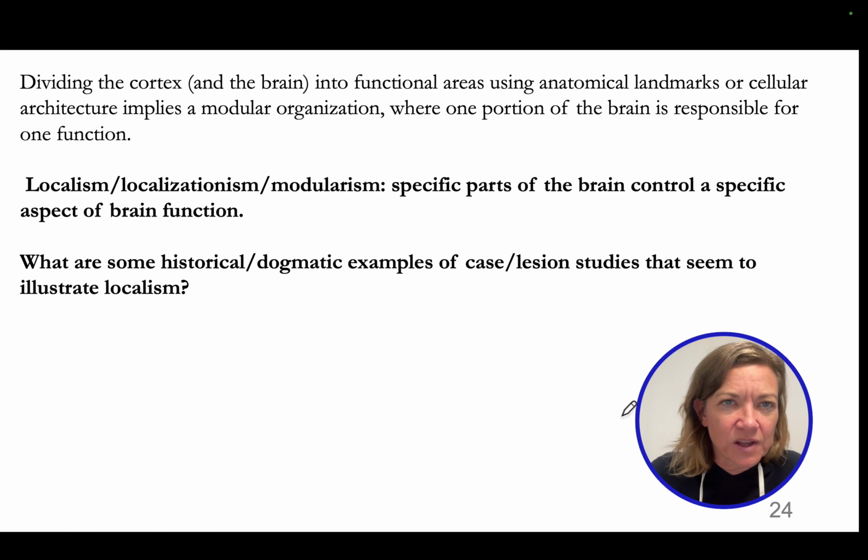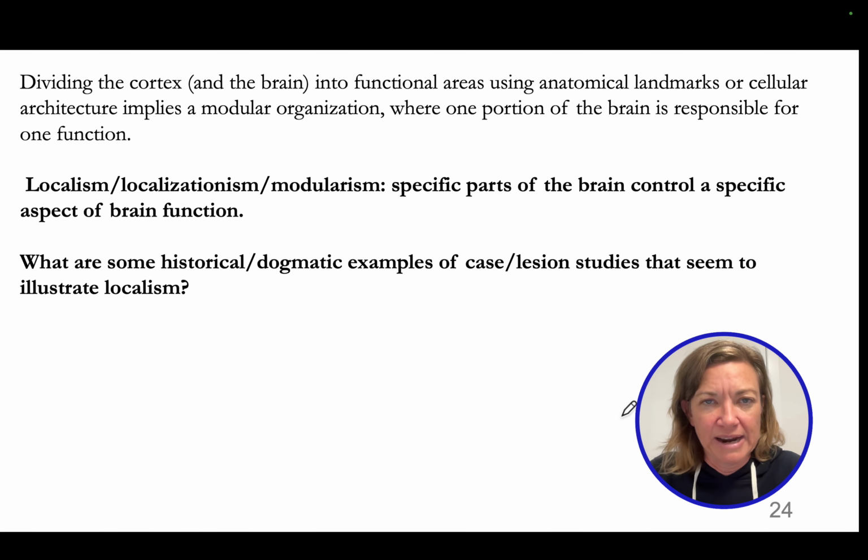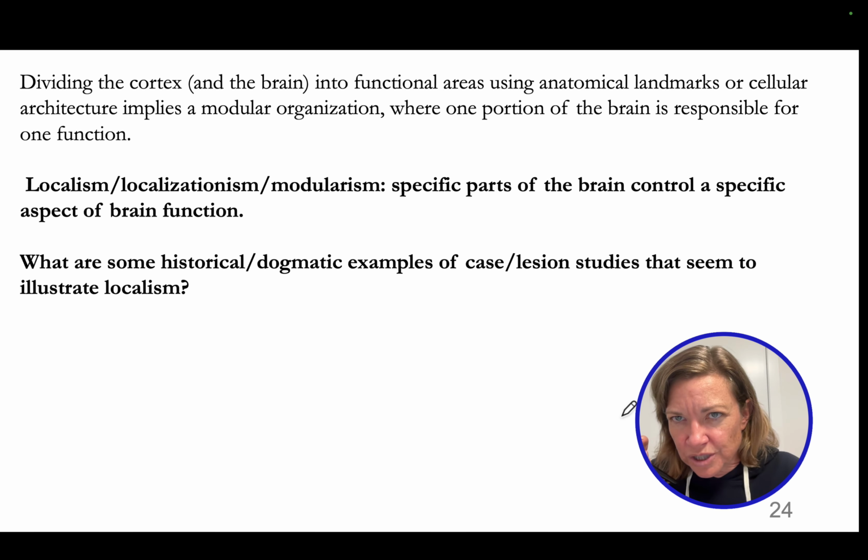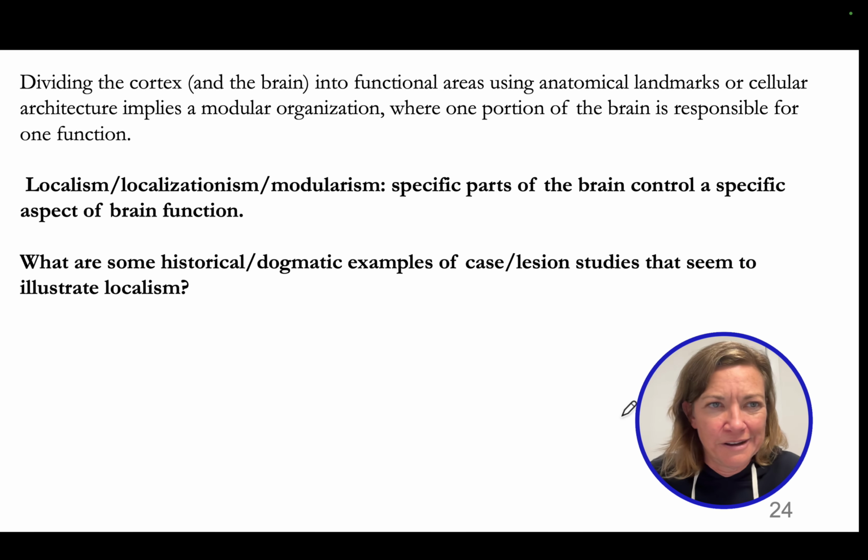Now, when we divide the cortex and the brain into functional areas using either anatomical landmarks or cellular structure, we kind of imply a modular organization of the brain, where one portion of the brain is responsible for one function. And this idea is variously described as localism, modularism, or localizationism.